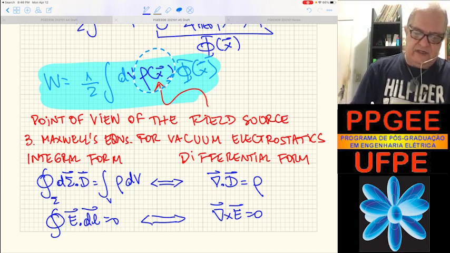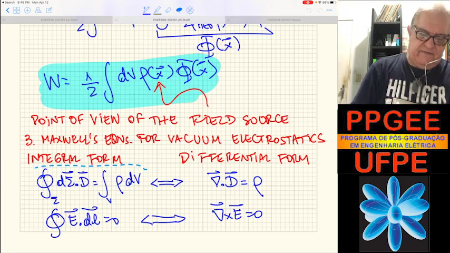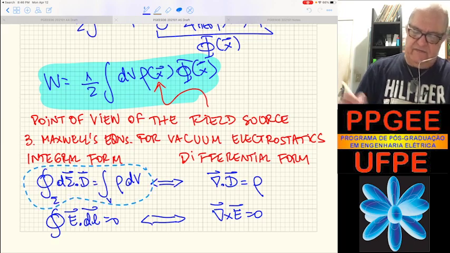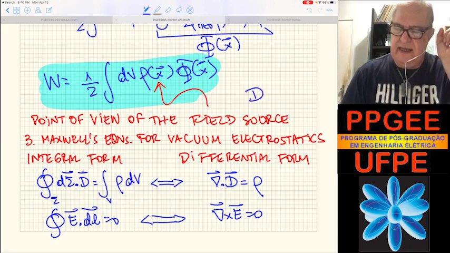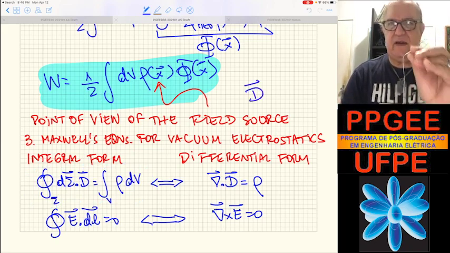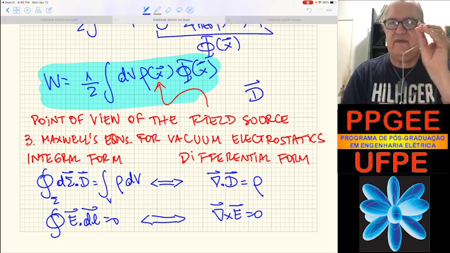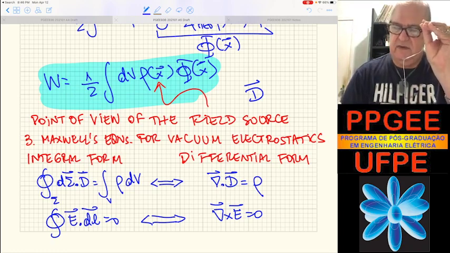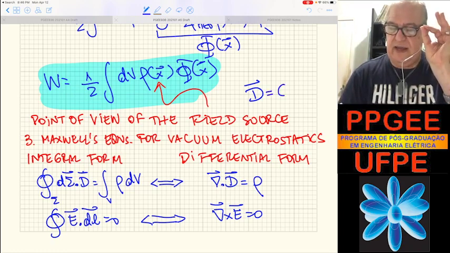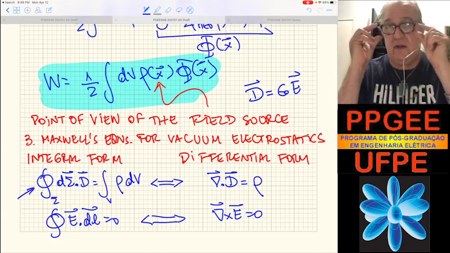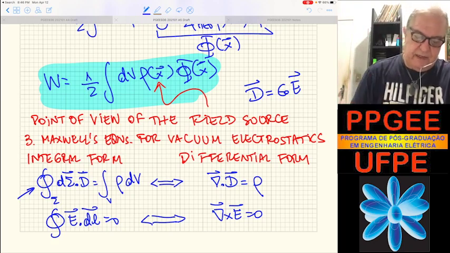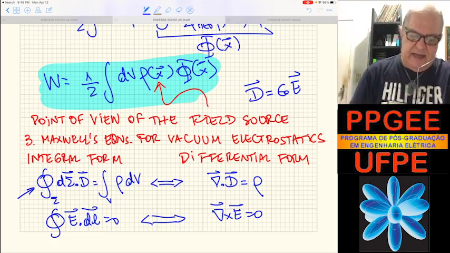Just recalling, the vector D is a very special particular case definition of the flux density vector, which in vacuum is equal to epsilon 0 E. We use that in this first equation, Gauss's law, because we eliminate the epsilon 0 factor in this thing here.